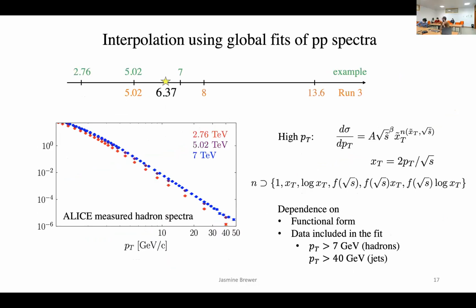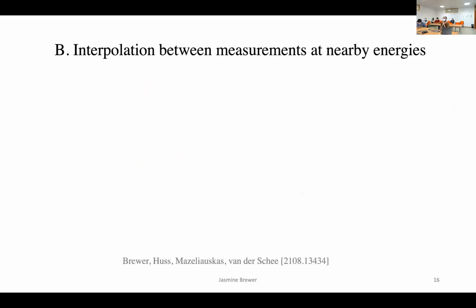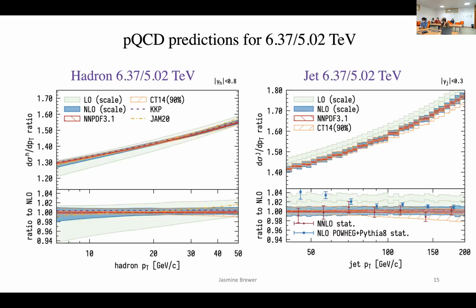Jasmine, sorry, before you continue, this thing that you said, that the quotient for the calculation as compared to the quotient for the data, is that just anecdotal for these two energies, or has somebody studied a range of energies to see if this actually holds, and how big is that uncertainty?